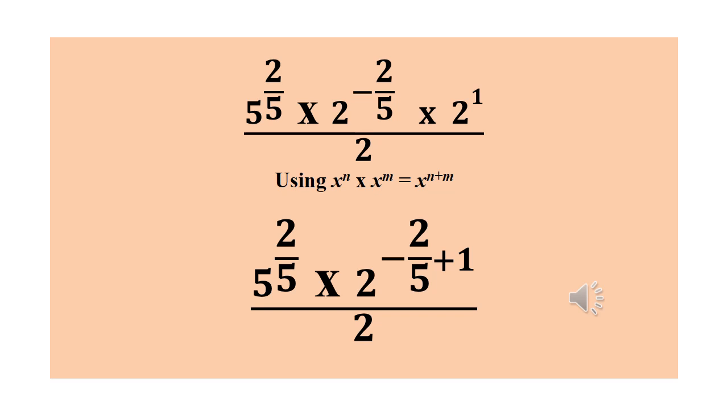We have taken one of the bases there, that is 2, and then we change the multiplication to plus according to the law of exponents. And that's why we now have 5 raised to power 2 over 5 multiplied by 2 raised to power minus 2 over 5 plus 1 all over 2.